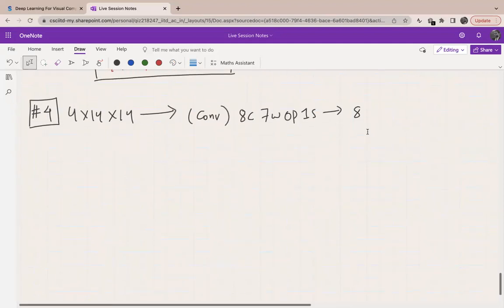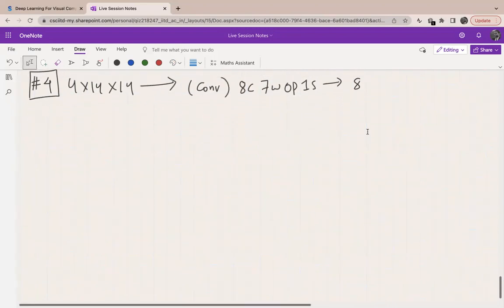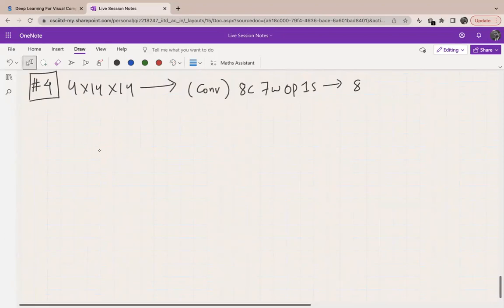Any filter that we have in a layer Li will have the same number of channels as the layer Li minus 1. That's something we need to remember while designing CNNs. So going from here, M is 14 and N is 14. M equals N equals 14.